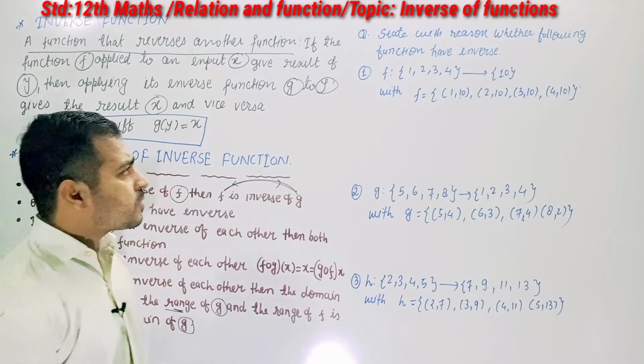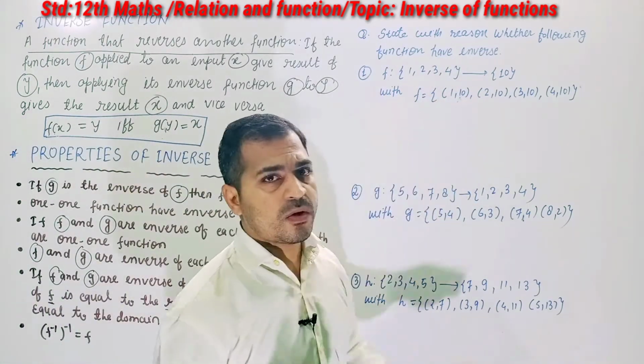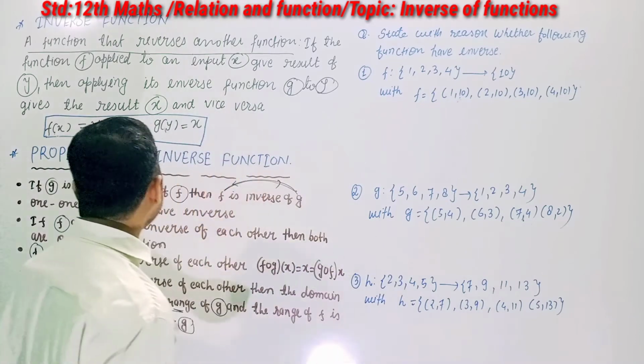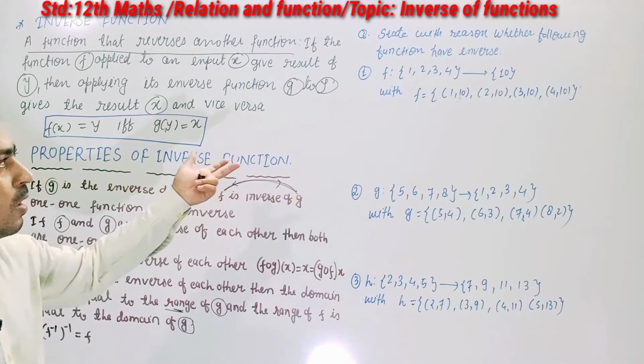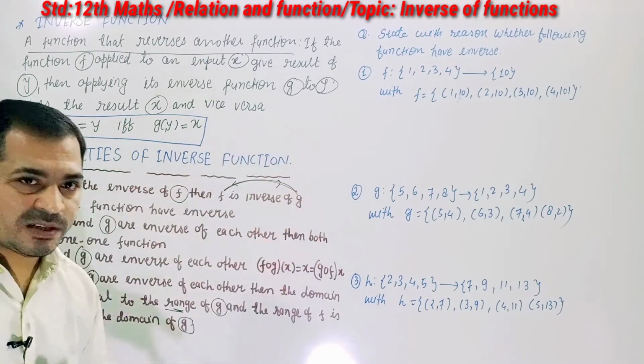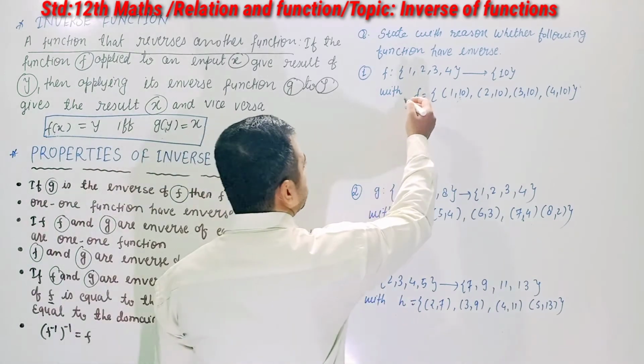In the very first question, you will have to check whether the functions have an inverse or not. We will have to check all these things. If they apply, then you can say that the given function is a one-one inverse function. If not, you can say that these functions are not invertible.